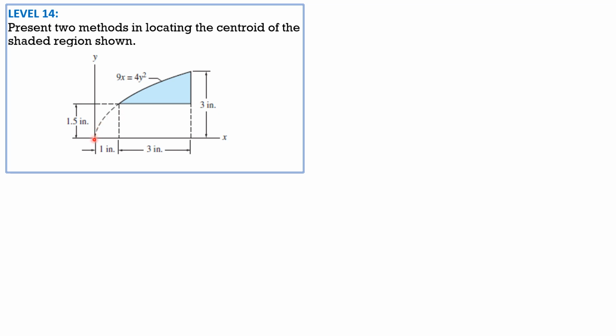Remember that a parabola should start from the vertex to any end. If it is not the vertex, then you cannot use the area of the parabola and the location of the centroid for a portion of the parabola only; it cannot be treated as a pure parabola.